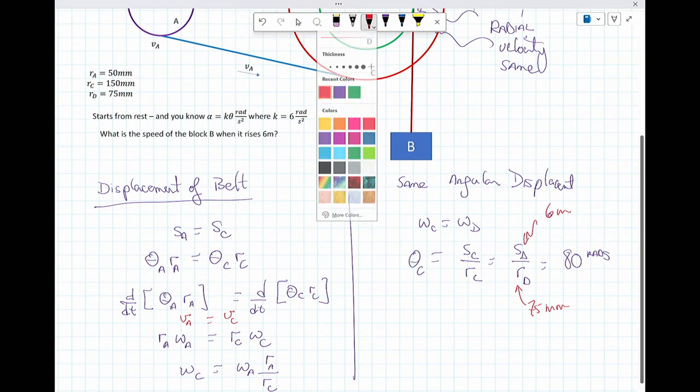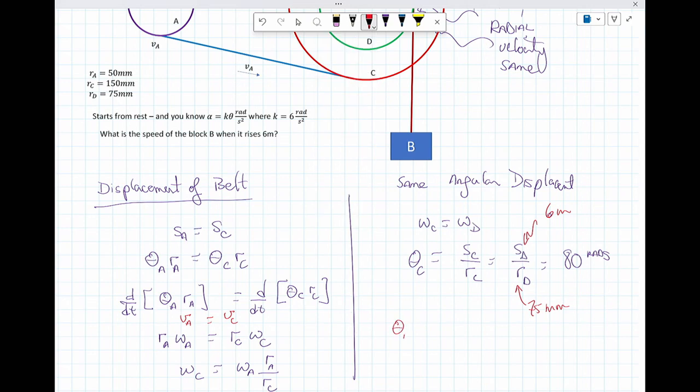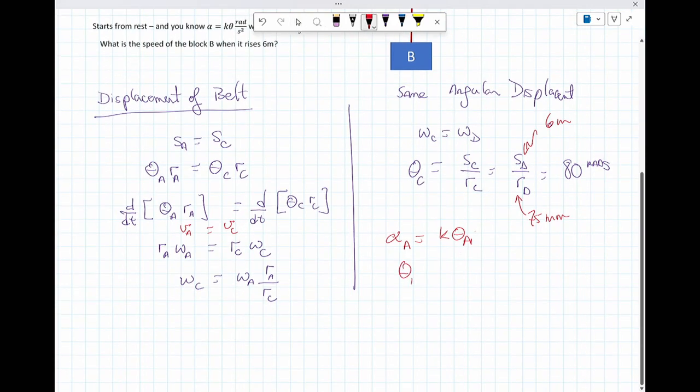Now, separately, because you know the relationship between linear velocities, you know that alpha A is equal to K theta A, and we need to know theta A. So theta A is equal to RC divided by RA times theta C, which equals 3 theta C, which ends up being 240 rads.